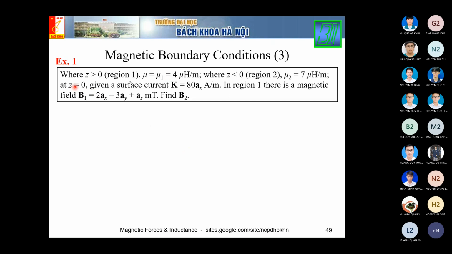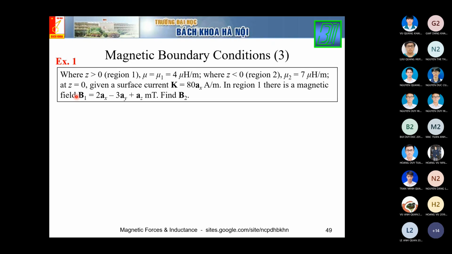On the boundary, meaning on the XY plane, when z is 0, we have a surface current density, and this current is flowing along the positive direction of the x-axis. Now, in region number 1, we are given a field B1. We have to find B2.